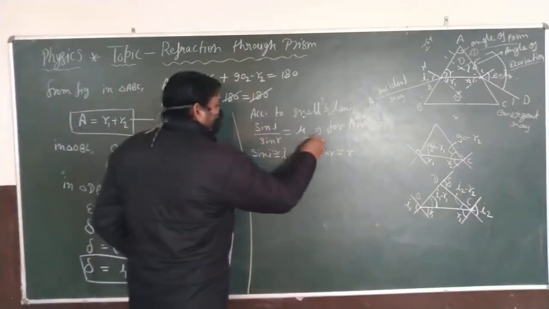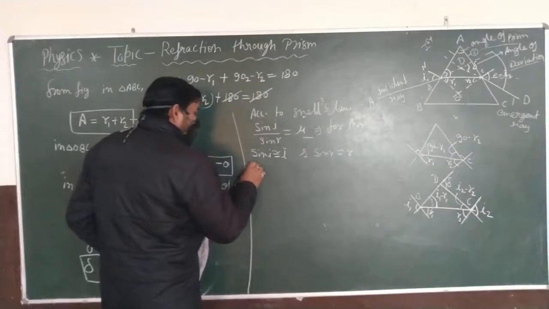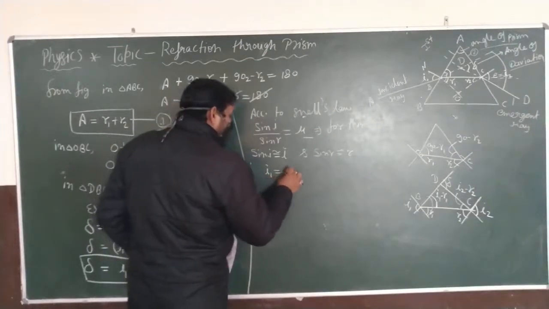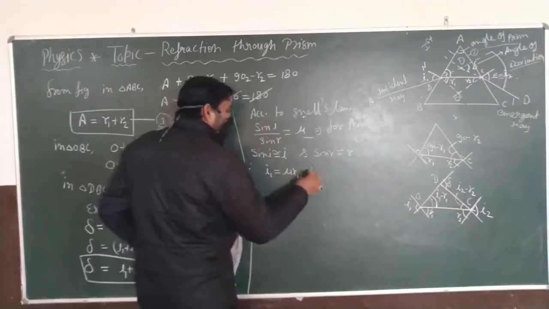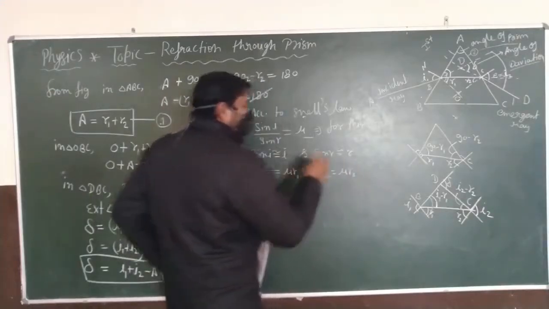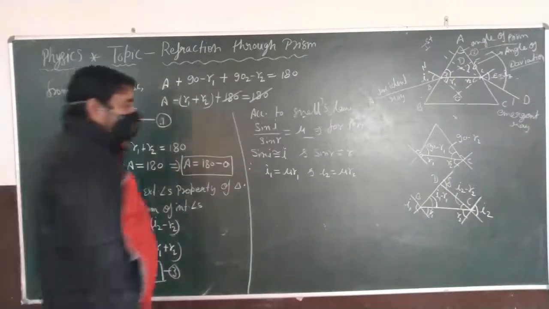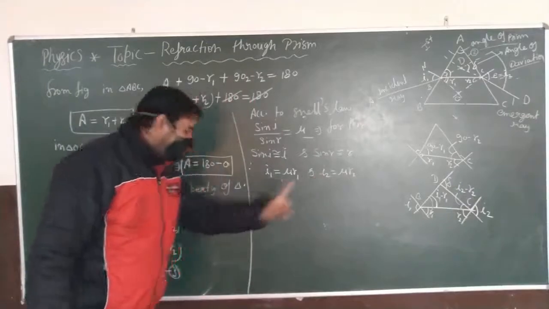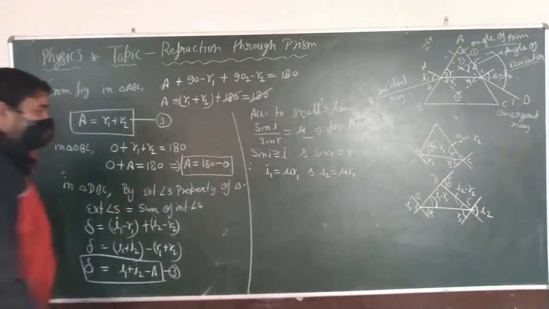Therefore, by this relation we get I1 equal to mu R1 and I2 equal to mu R2. We can write this, or not?